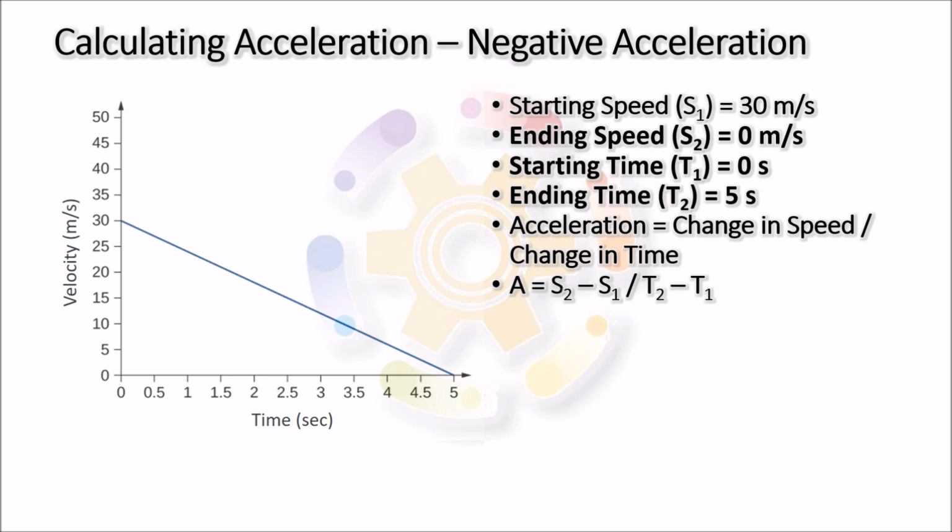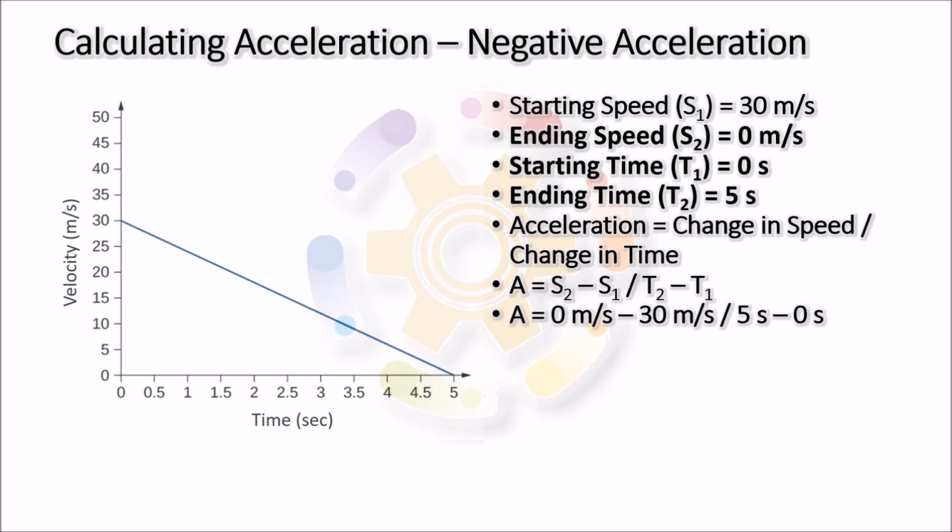Once again, we take our equation and we plug our values in. This part you have to be very careful on to make sure that you are putting those starting and ending speeds and starting and ending times in the correct position within the formula. It's going to look a little funny, especially on this one, because as you can already see, we're going to end up with some negative values.